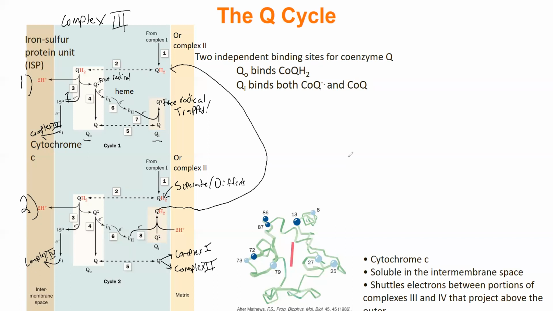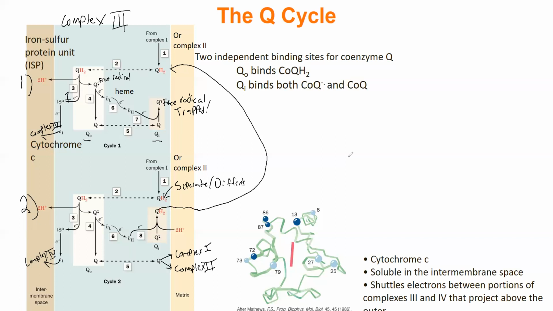And the energy for pumping out those protons comes from this movement of the electrons from Q. Because every time we move electrons like this, it's always free. We're always giving electrons to molecules that want them more and more and more. So it's both. That's the big takeaway here.